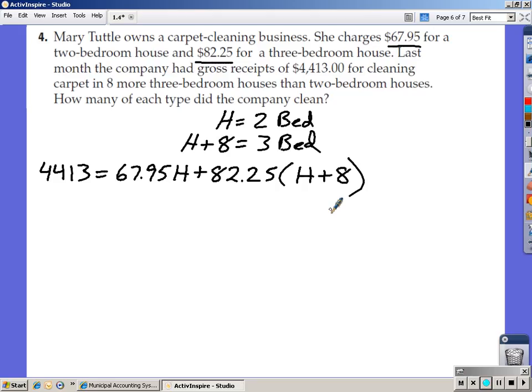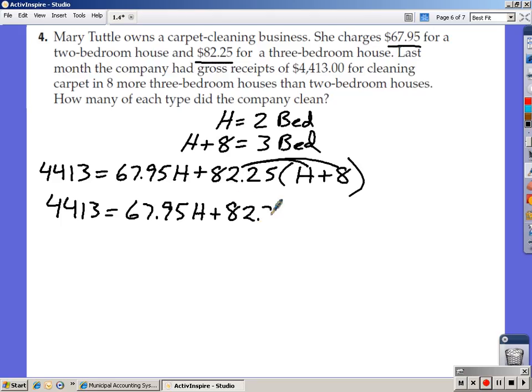Okay? We work it out. Distributive property here. Always got to do distributive property. $4,413 equals $67.95H plus $82.25H plus 82.25 times 8 is 658. All right?